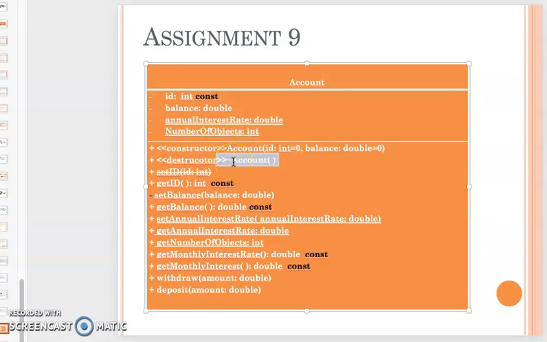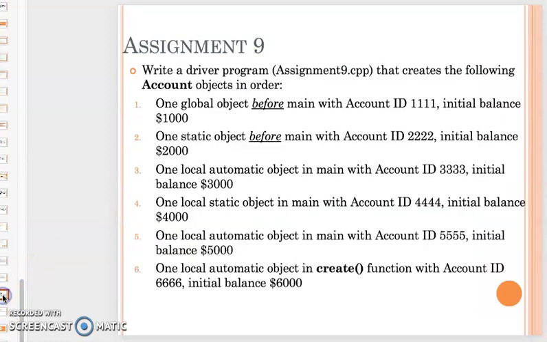And before the decrement, please print the account object information. In this example, we want you to practice in the driver program in your assignment9.cpp file. They will create different account objects in different order. So please follow along here.